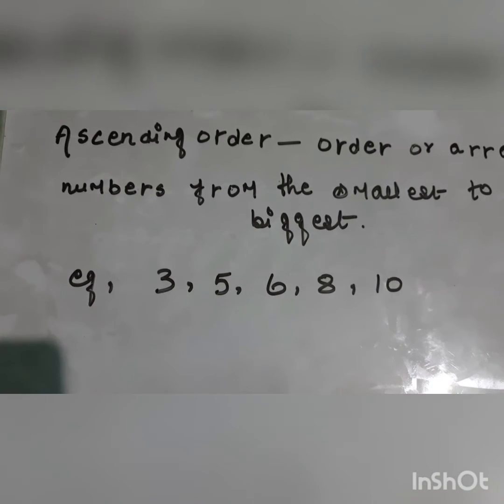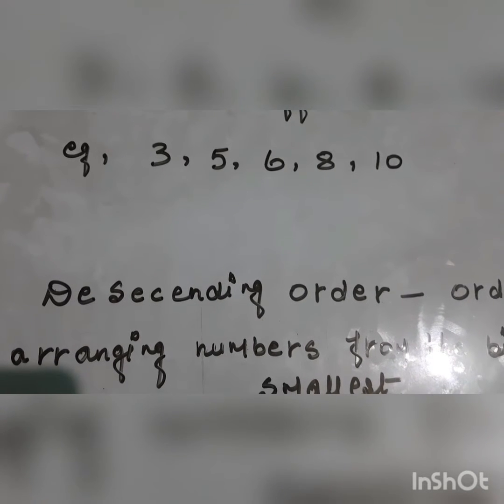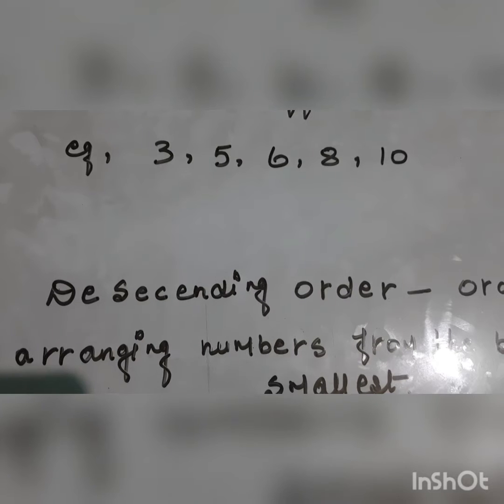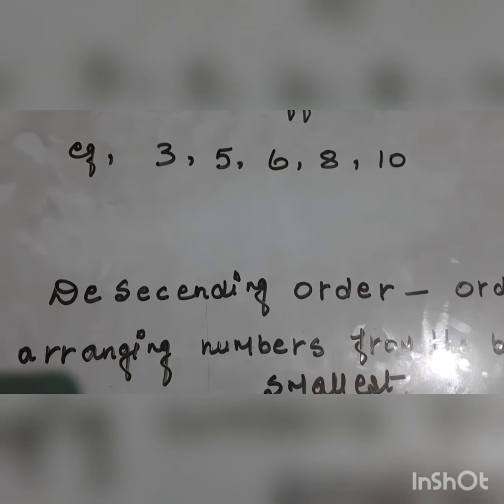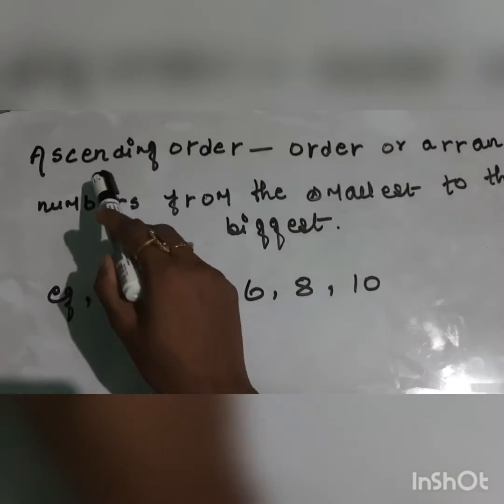With the help of those tricks, you can arrange the numbers into ascending or descending order very easily. First of all, let's understand what an ascending order and a descending order is. So let's get into the video.